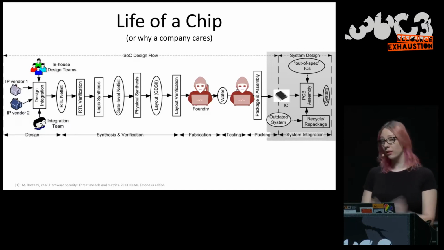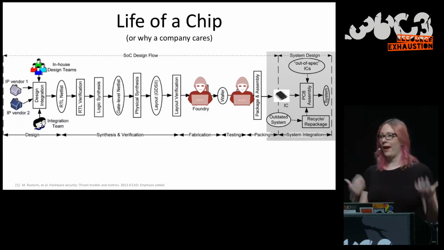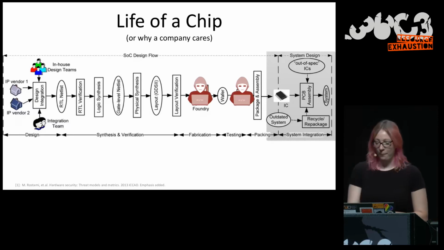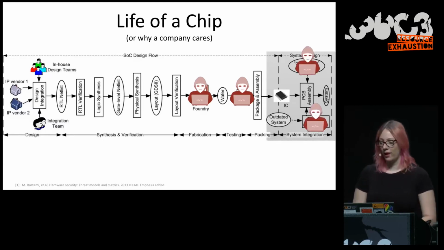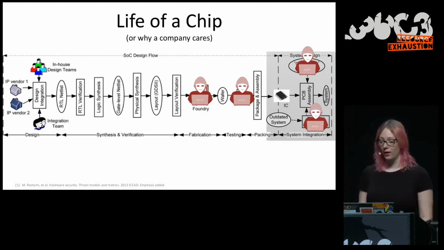So basically, the foundry says, look, we tested it, and 90% are OK, and we'll keep the 10%, and we'll definitely get rid of them. Yeah, sure. They don't want any kind of out-of-spec chips to get back in the market, and they don't want any kind of recycled chips to get back in the market because they're losing money. So that's why a company generally cares about reverse engineering or about chip security.